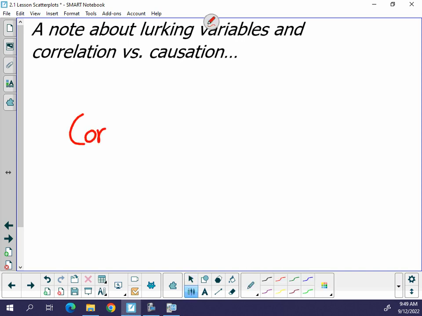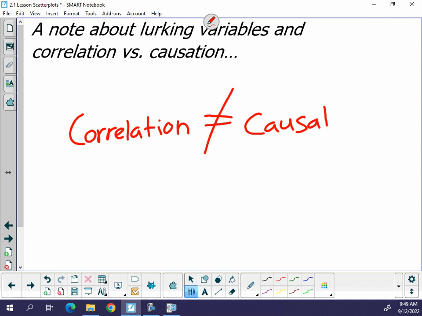So be very, very careful. Correlation, and you may have heard this before, does not equal causation. No matter how much you want it to, just because we have a relationship that we can see based on a data set, that doesn't mean one thing causes the other.